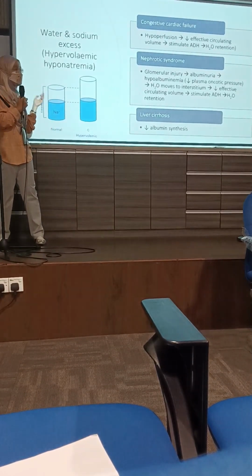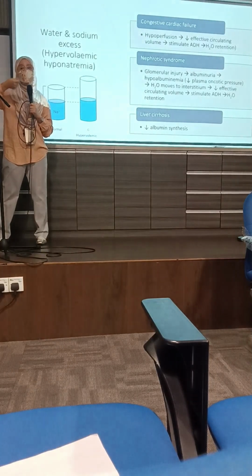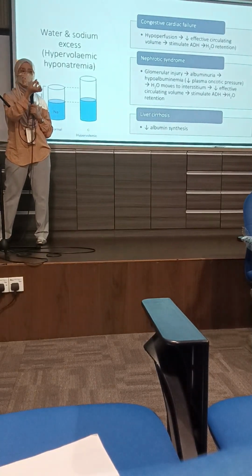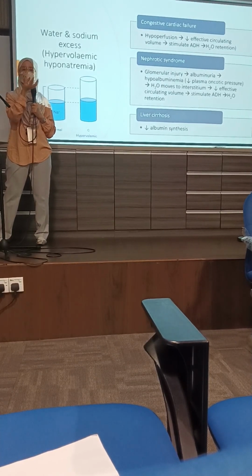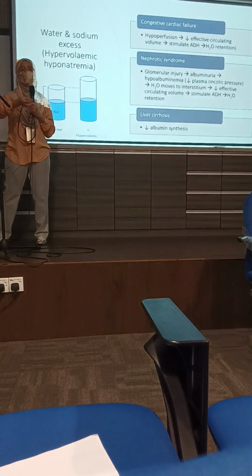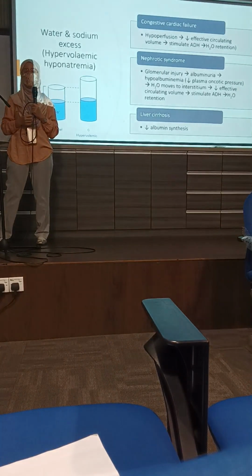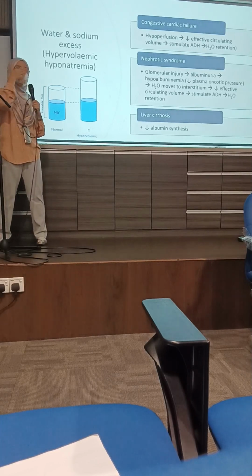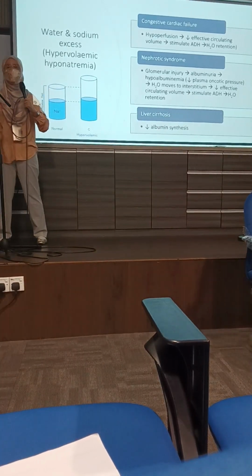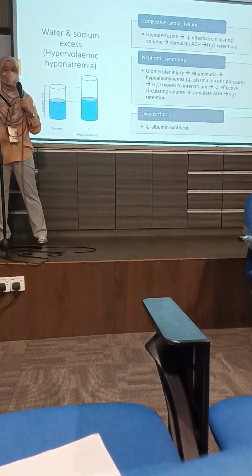Okay, in nephrotic syndrome ni ibarat you ambil penapis air tu, tapi penapis tu bocor. This is what happened to the glomerulus. Glomerulus tu bocor menyebabkan albumin can pass through. Bila albumin pass through, patient akan dapat hypoalbuminemia. Okay, bila hypoalbuminemia, water dalam intravascular space akan keluar because there is reduced oncotic pressure, akan keluar ke interstitial.